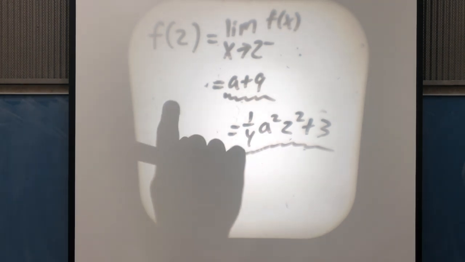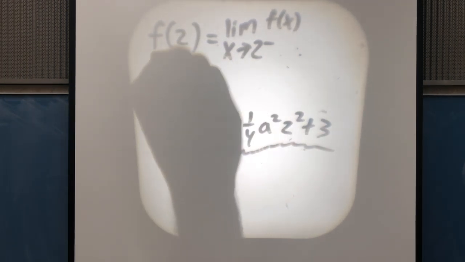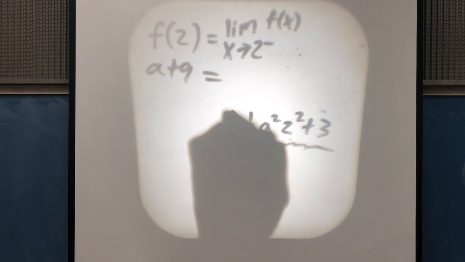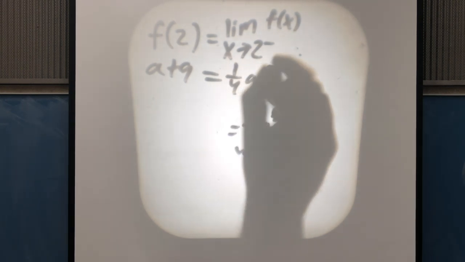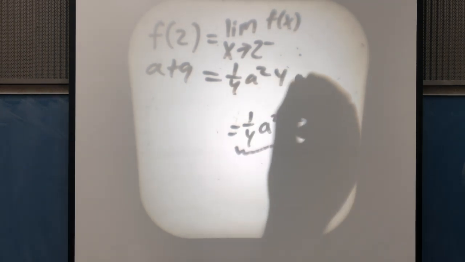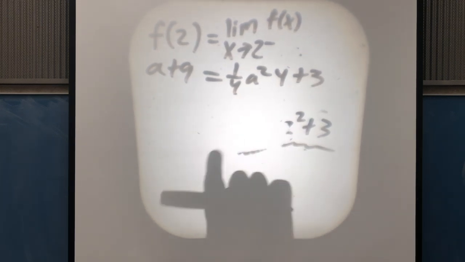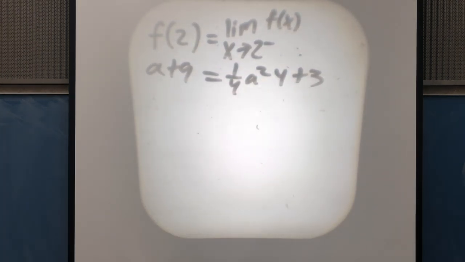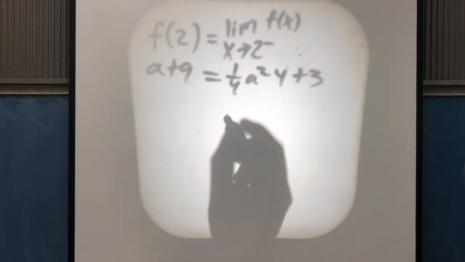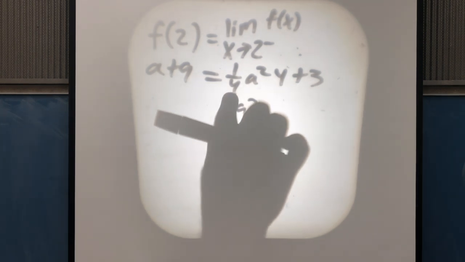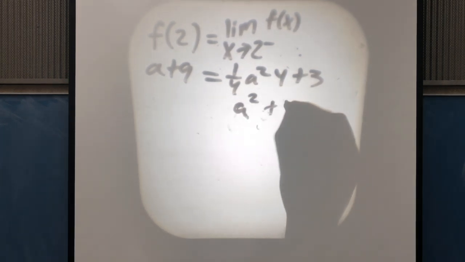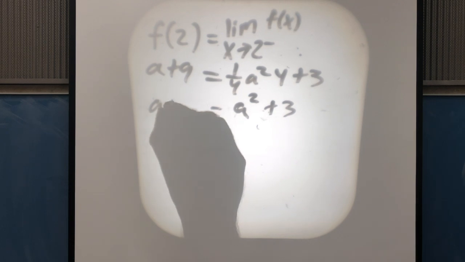So a plus 9 equals 1/4 a squared times 4, because 2 squared equals 4, plus 3. And now I can solve for a. To solve for a, in order of operations, 1/4 times 4 is 1, a squared, which is just a squared, plus 3 equals a plus 9.